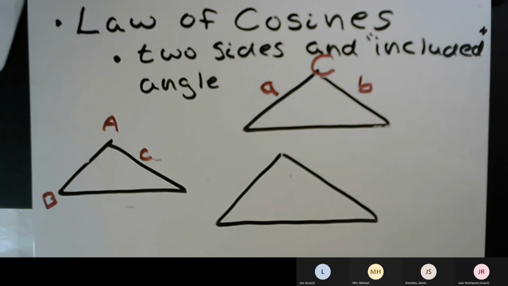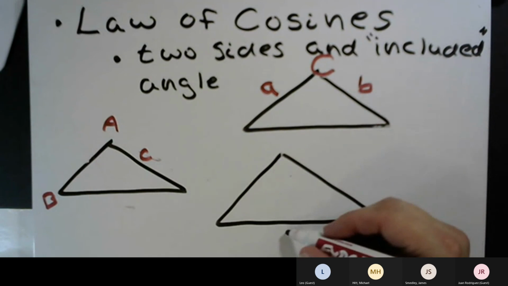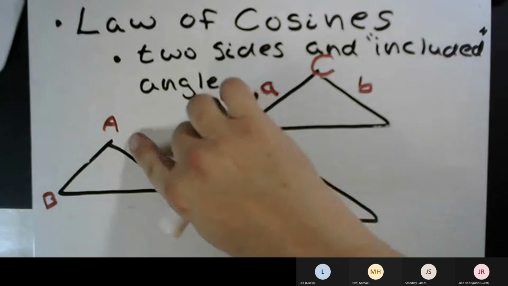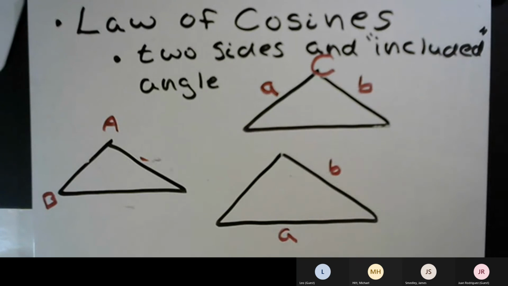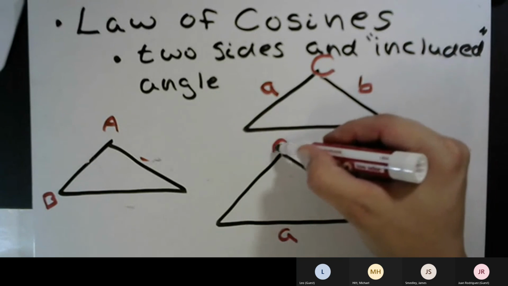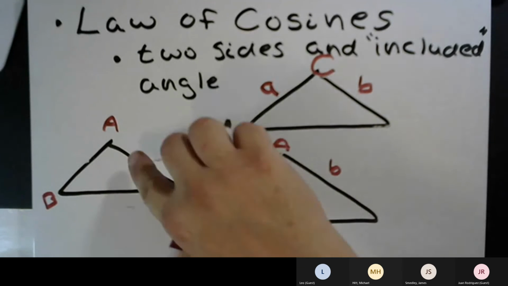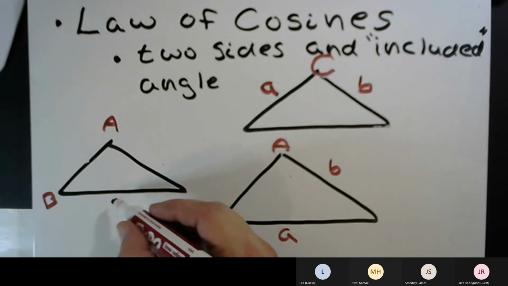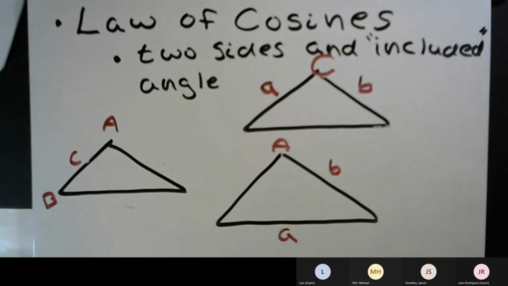We could have 2 sides. So we can have A, and we can have B, and then we need one of the opposite angles. So you'd have an angle that's opposite one of the sides. So let me say we have 2 sides, and then let's say put a C here.